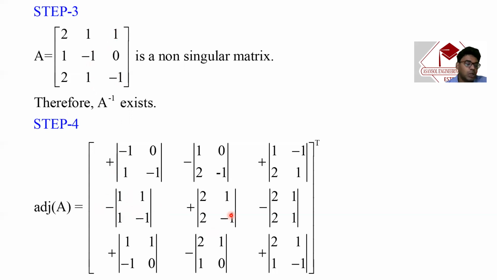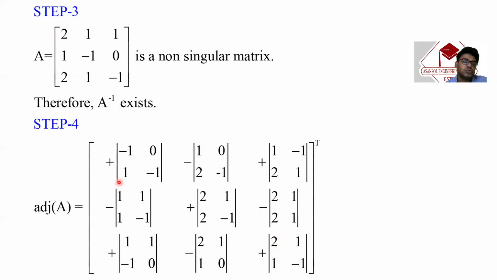So this is all about the calculation of adjoint. Any doubt? Suppose you want to calculate the cofactor A33. How to calculate A33? For this, 2, 1, 1, minus 2.